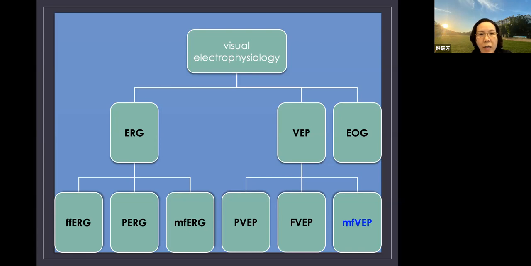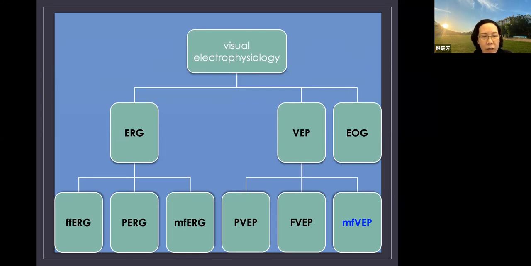We divide our electrophysiology into ERG, basically retinal electrogram, where the key point is the retina, VEP, visual evoked potential, and EOG, electrooculogram.